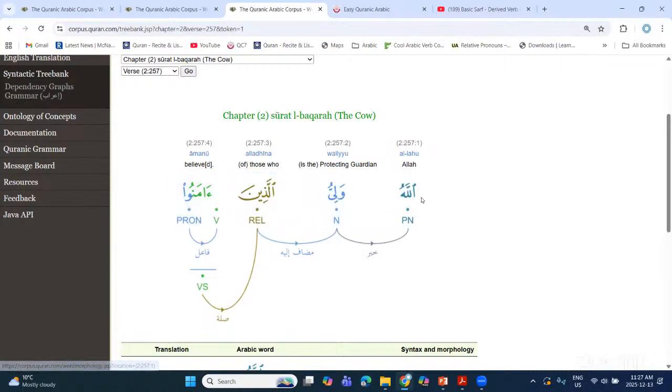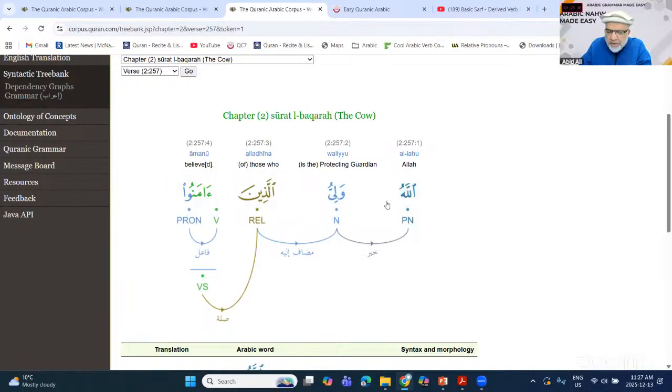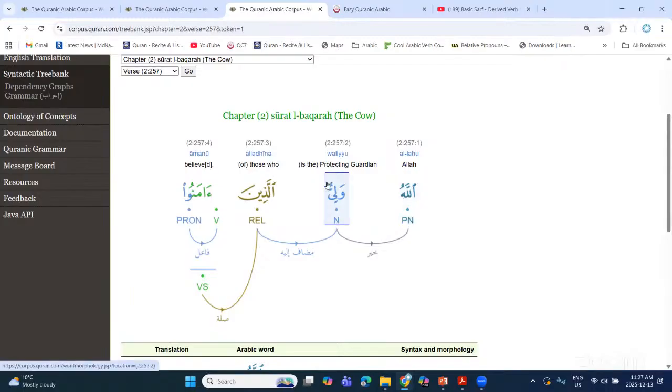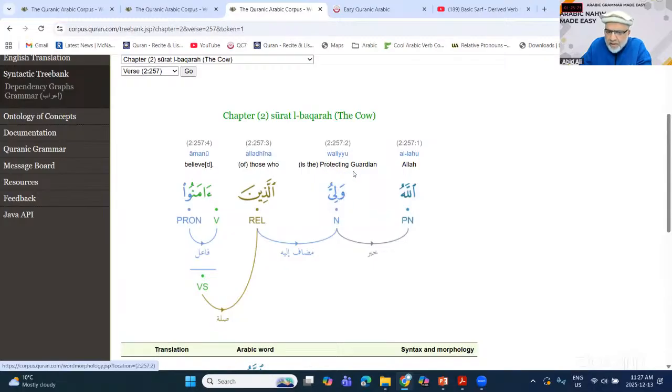From this ayah, Allah is the wali. Allah is mubtada and waliyun is the khabar. Yes. But wali here, if you pay attention, is the mudaf, the guardian, protector, the protecting guardian. He's the wali of who?